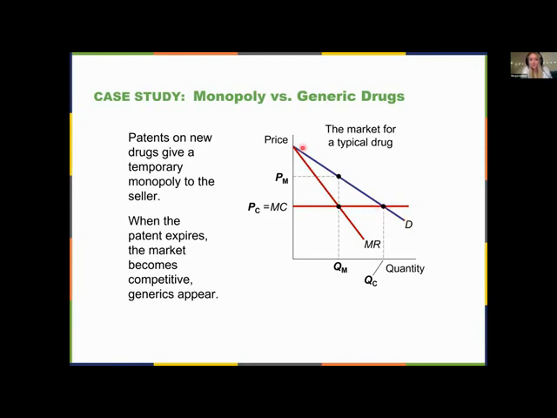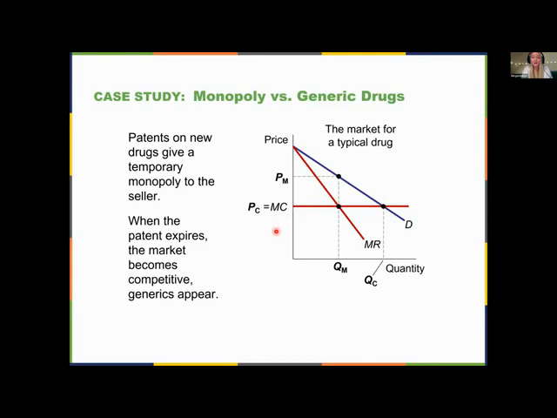So if we change this to marginal revenue, and let's just say marginal cost stayed the same to keep things simple, we see that at this new intersection point, this is the quantity of the coronavirus vaccine that's going to be produced. And this is the price that the coronavirus vaccine is going to be sold for.